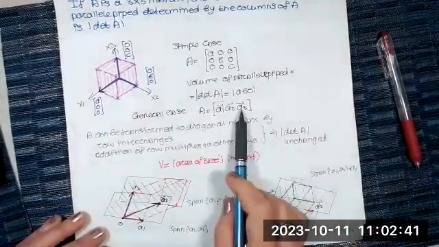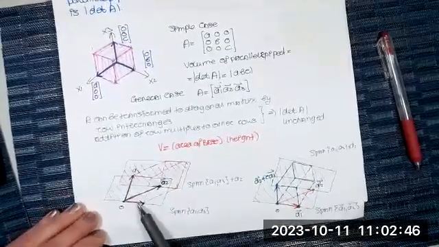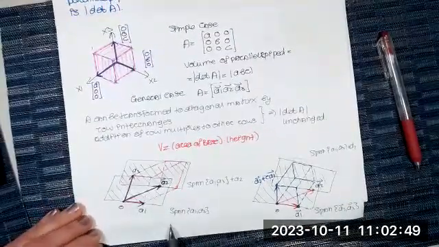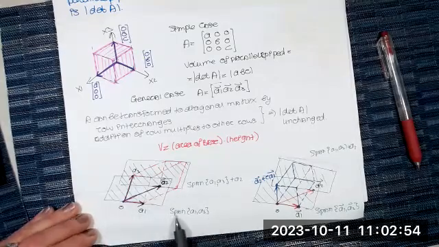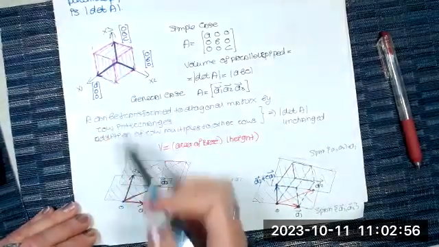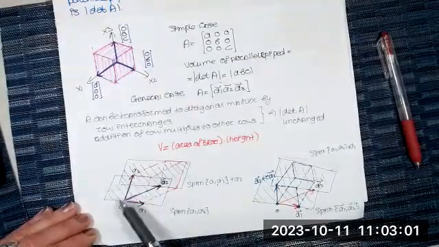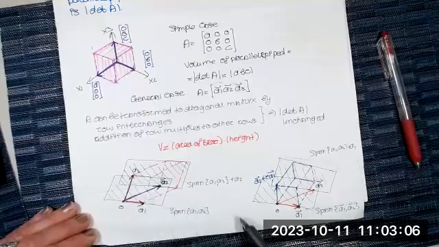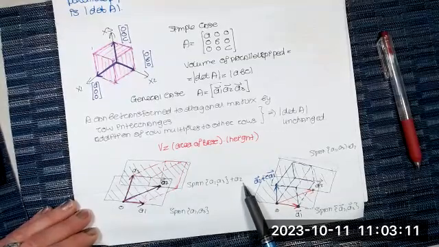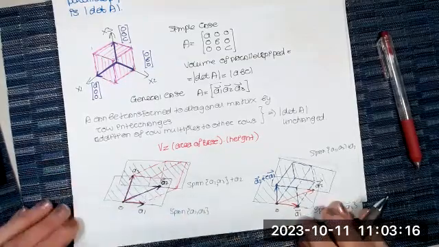To preserve the volume, just like before, we take the span of A1 and A3, which form the base of my parallelepiped, and then add another vector A2, and I have a tilted parallelepiped.